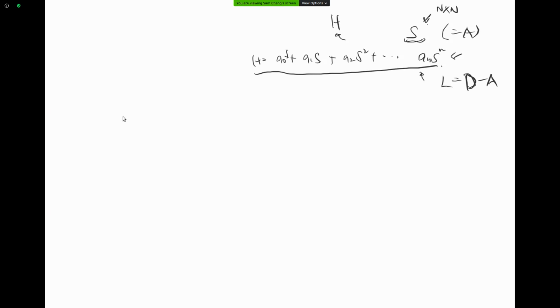Actually, before even talking about the limitations of this form, I would first mention the connection of this with classic DSP, digital signal processing.